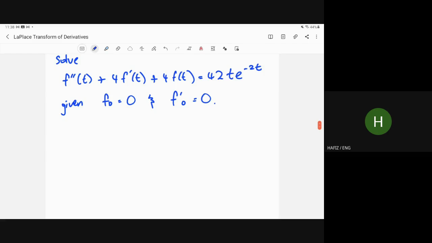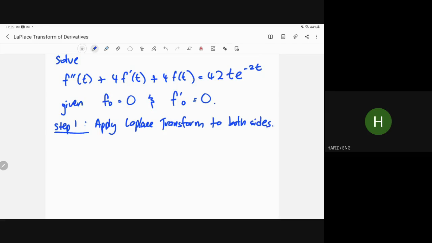Immediately when you look at this, step 1 is to apply the Laplace transform to both sides of the equation.